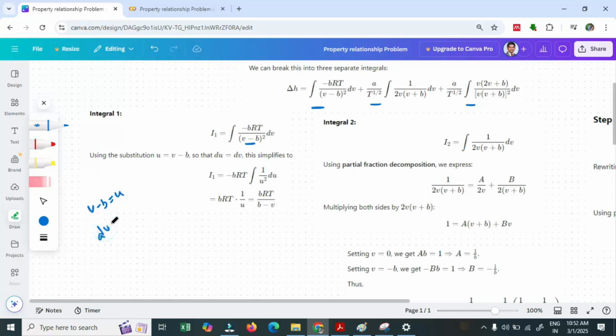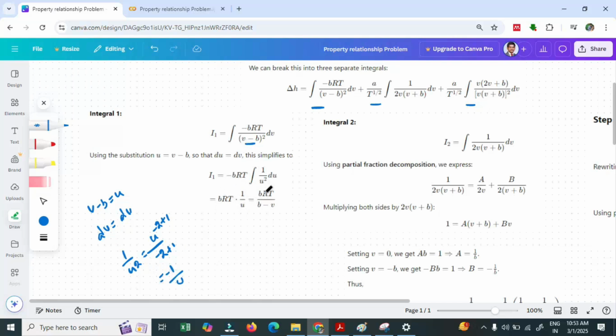The integration of 1 by u square is nothing but u power minus 2 plus 1 divided by minus 2 plus 1. That's what I've done here, and finally I end up with 1 by u with a minus sign. Already we have minus, so minus minus becomes plus, where u is nothing but V minus B, giving BRT divided by V minus B. Okay, that is the first part done.